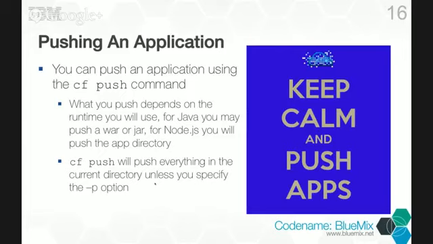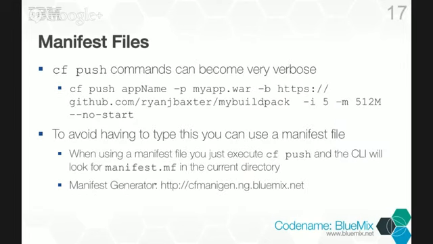Just one gotcha that you have to keep in mind when you're pushing your applications, because you want to make sure that you can specify just the single file you want in the cases that you need to do that, or else you may run into problems when you push your application. It may not be able to figure out what type of application it is or how to run your application. So keep that in mind when using that command.